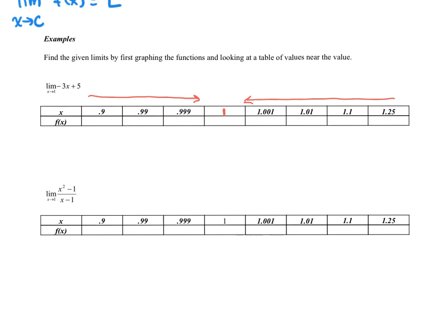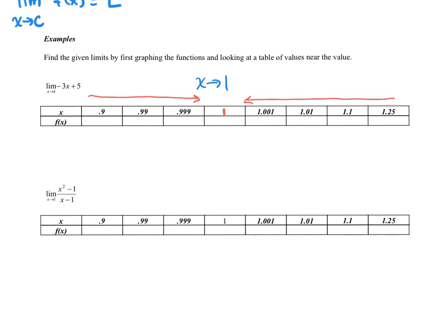So the x values are getting closer to 1. I went 0.9, 0.99, 0.999. So those are getting smaller and smaller than 1. And then 1.001, 1.01. Really, I'm going to read them going from the ends to the middle, because that's how x is approaching. This top row is showing x is approaching 1 from both sides.